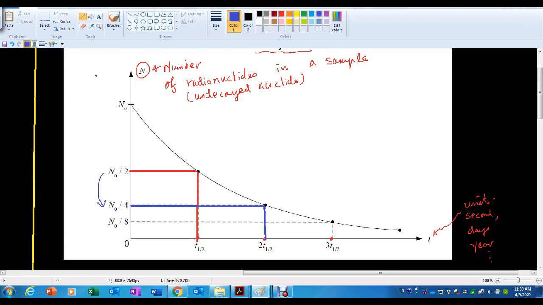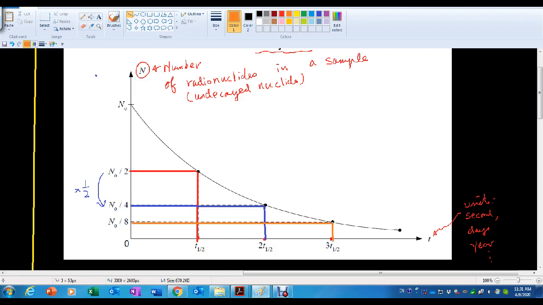For another half-life, you decrease by another half. That means you multiply that number by half. It is the half of the remaining half. The half of one half is 1/4. So after another half-life, it becomes 1/4. How about after another half-life?